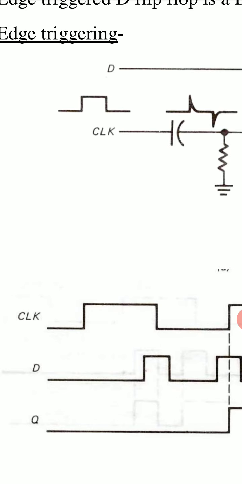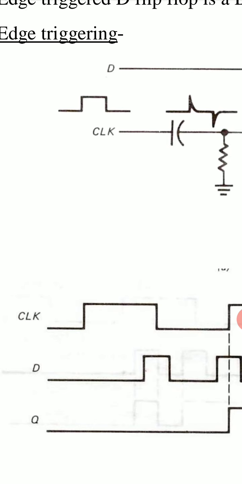Or we can call these two edges positive edge and negative edge. In positive edge or rising edge, clock signal goes from 0 to 1, and in falling edge or negative edge, clock signal goes from 1 to 0.